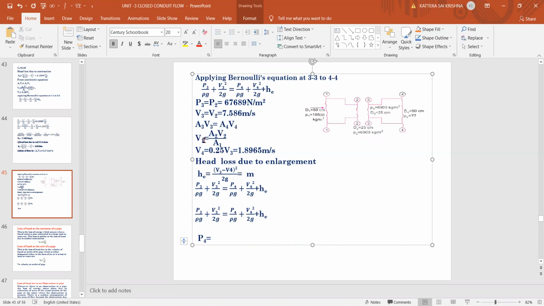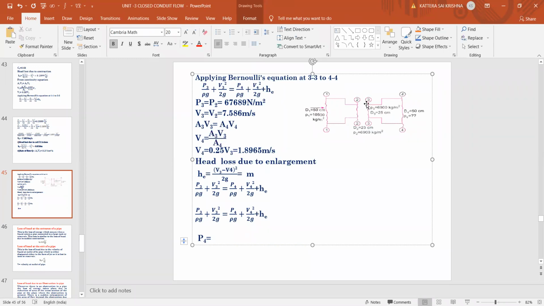So from this I am taking V4. V4 equal to A3 V3 by A4.